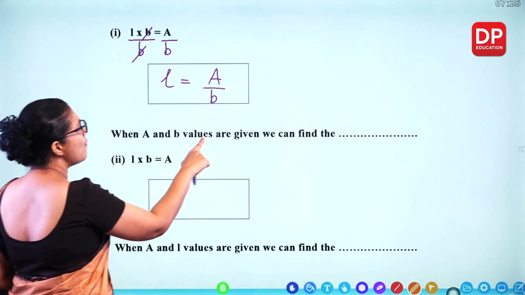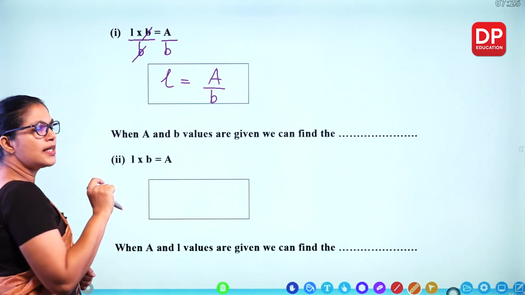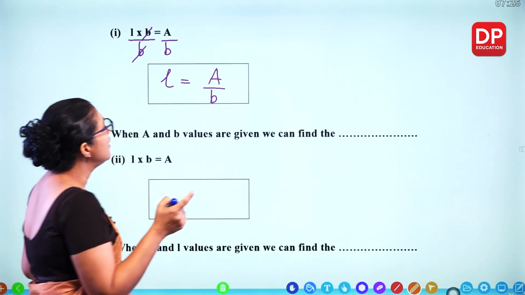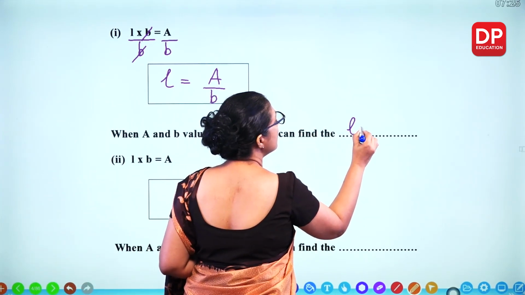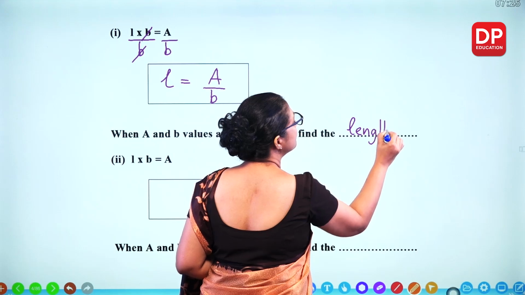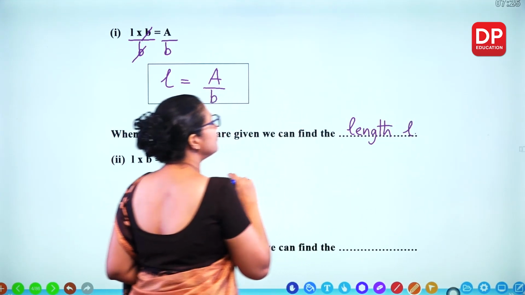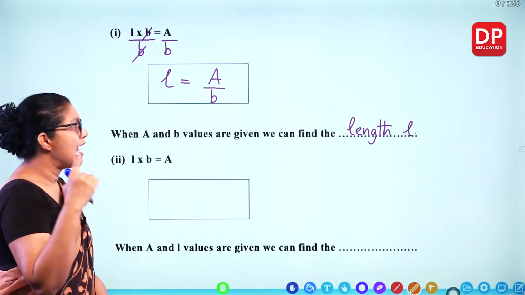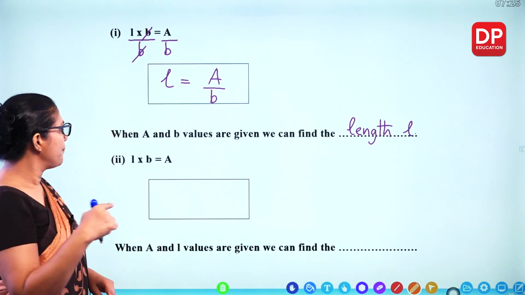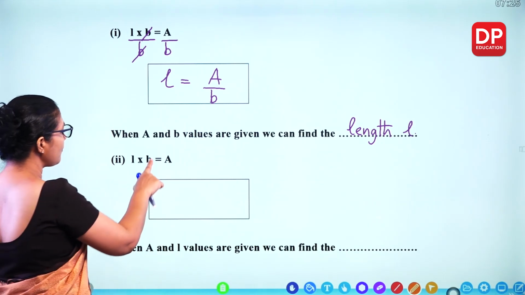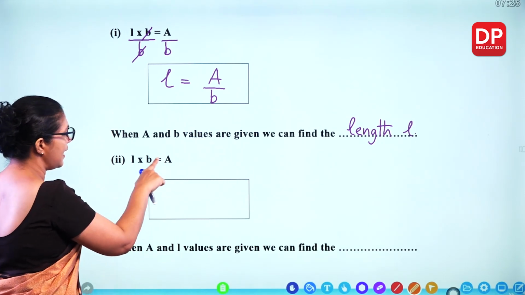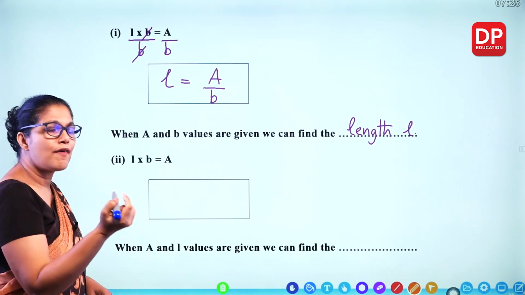When A and B values are given, you can find out the length L. So how do you find out length L? Area divided by breadth.